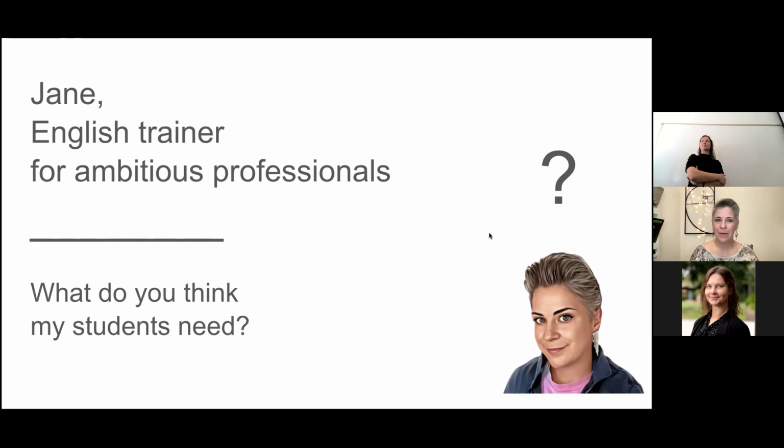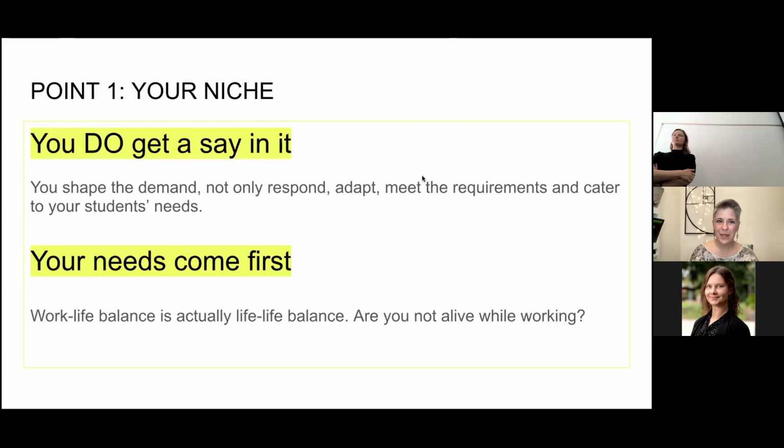So, what I'm saying here is that it's me who basically tells my students what they need by saying that I am the trainer for ambitious professionals. And this is one of my main points for today. Your needs come first.